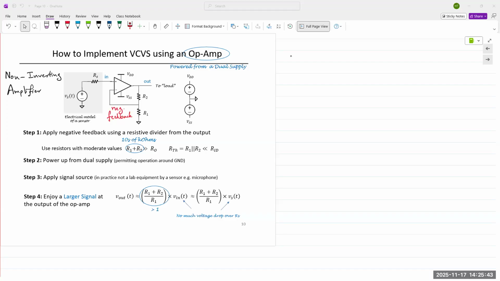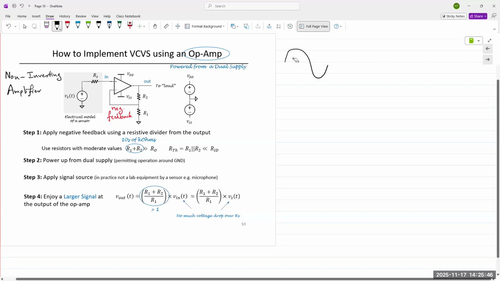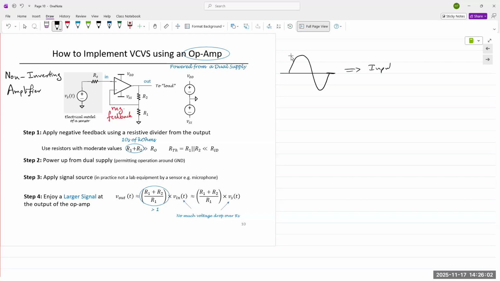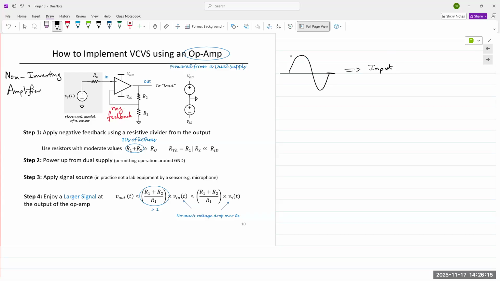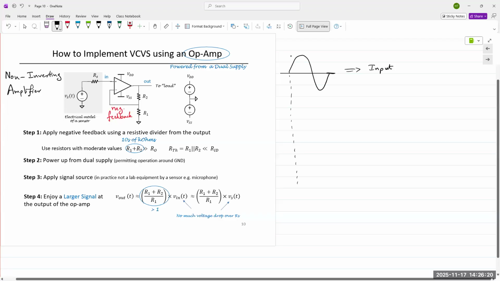Let's say this is our input. This input has a positive half cycle as well as a negative half cycle. This is going to be very crude.